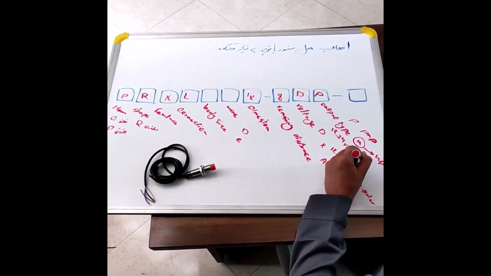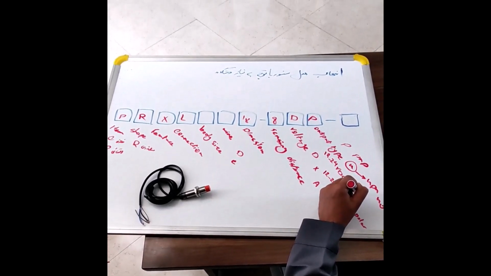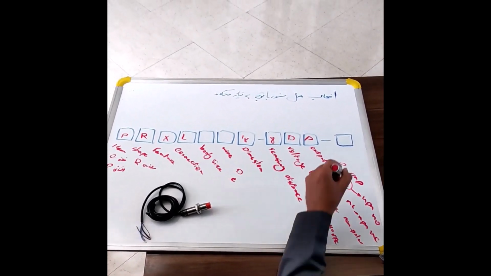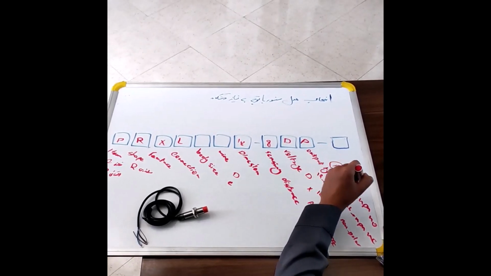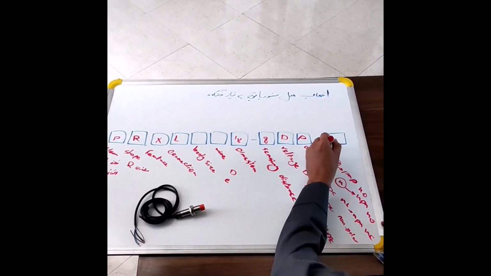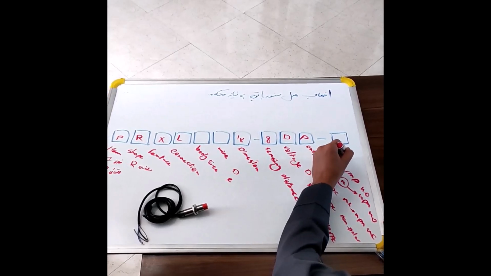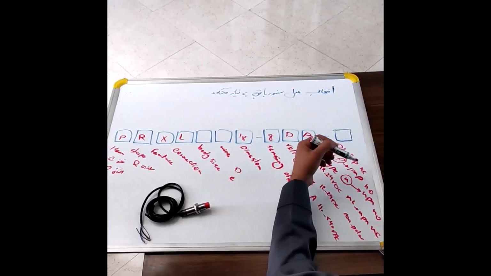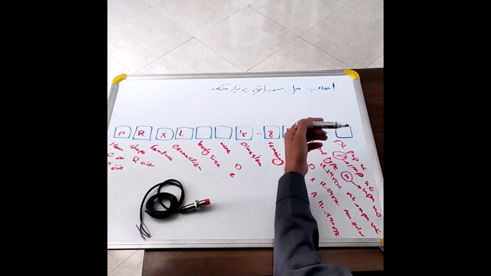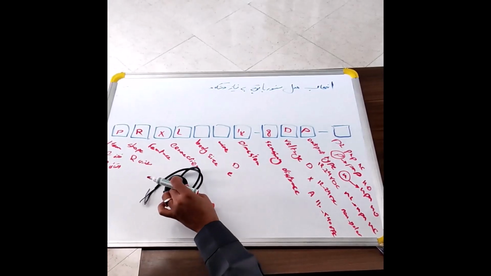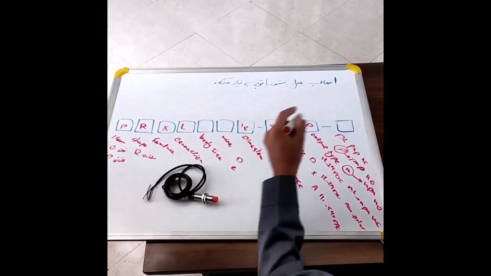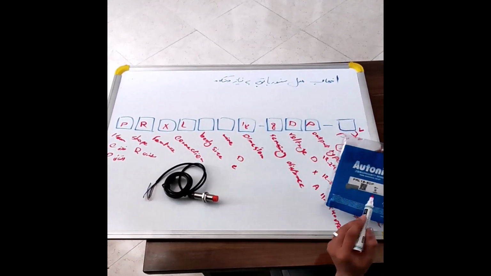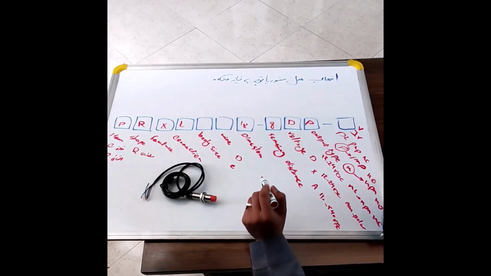If it is N2, normally close of the NPN model is displayed. P displays only normally open of PNP model. If P2, it displays normally close of PNP model. So you should pay attention to this point. And the last square is related to the cable standards, which is displayed with the letters V or IV.